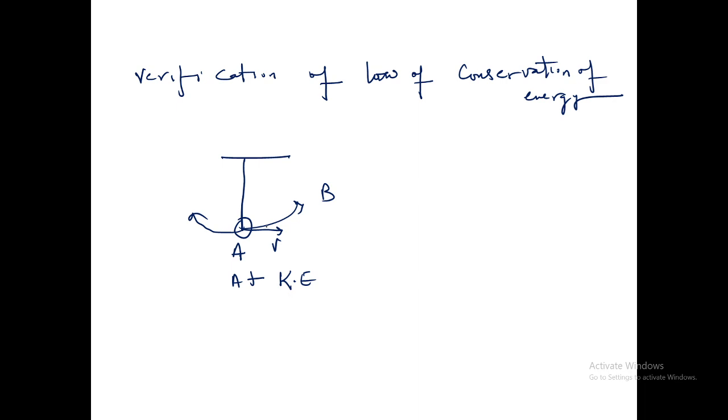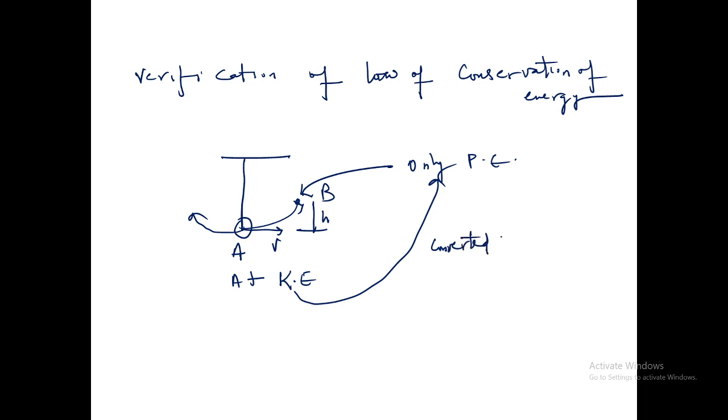At B it reached a certain height, so at this position it has only potential energy. So this kinetic energy is converted into potential energy. But in the middle, we see some kinetic energy plus some potential energy. Overall, K plus U will remain conserved.